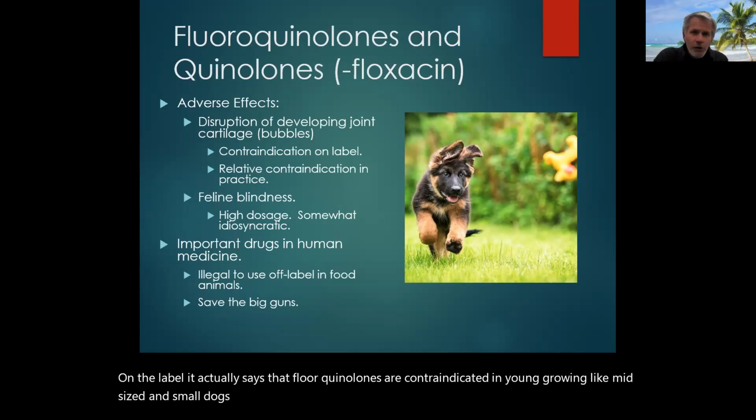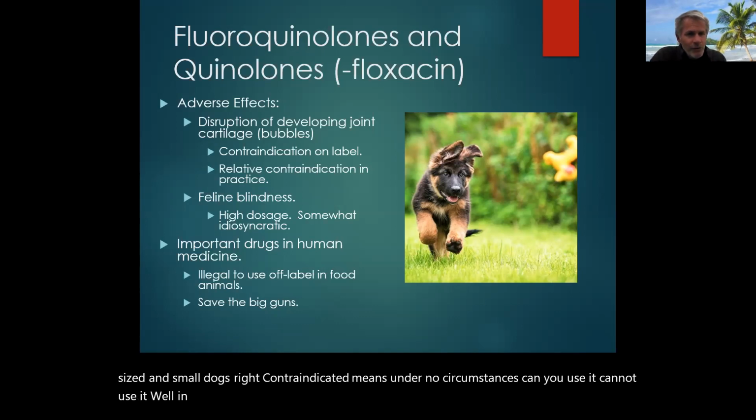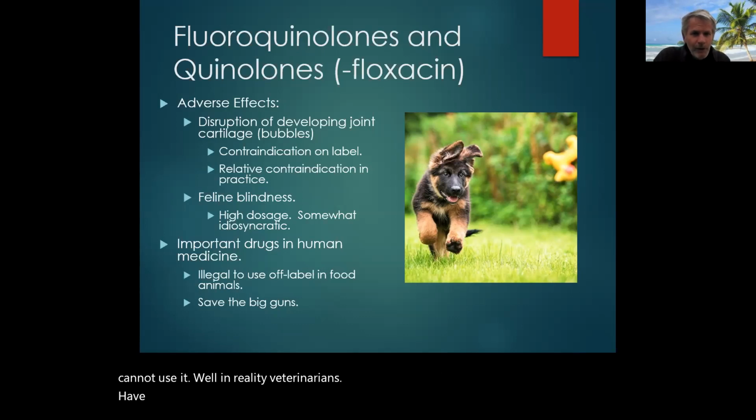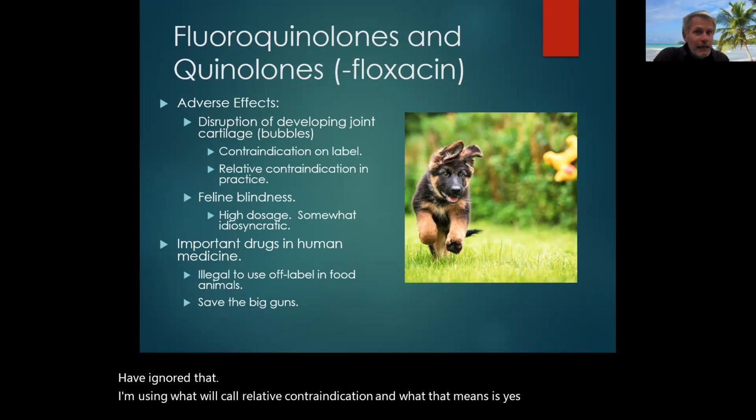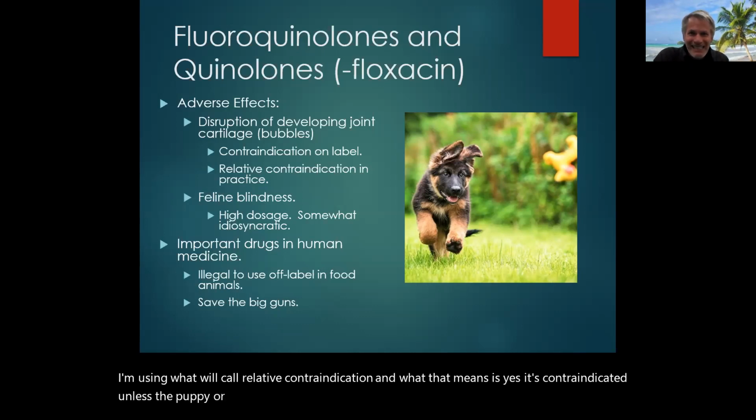Contraindicated means under no circumstances can you use it. Well, in reality, veterinarians have ignored that, using what we'll call relative contraindication. And what that means is, yes, it's contraindicated unless the puppy or foal's life is at stake.